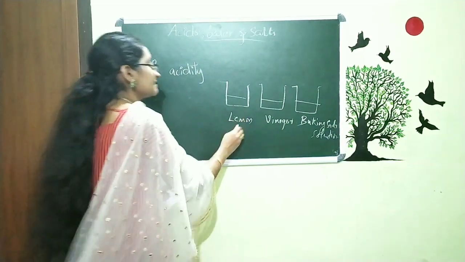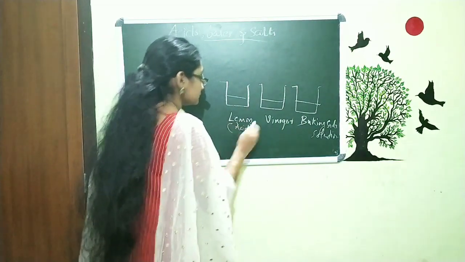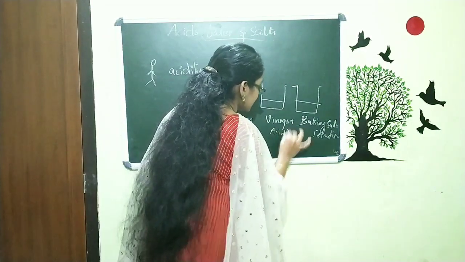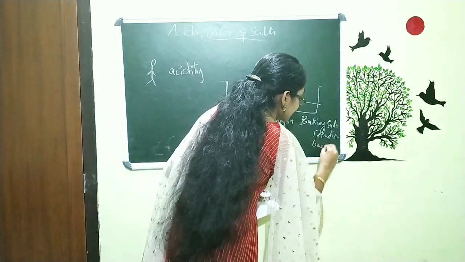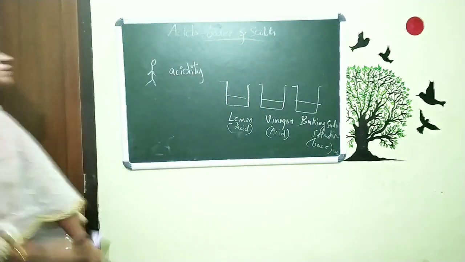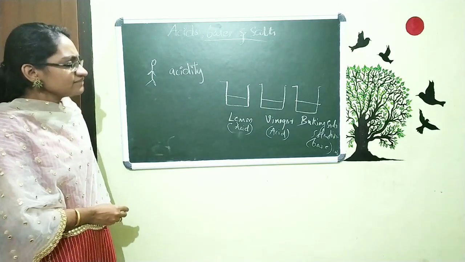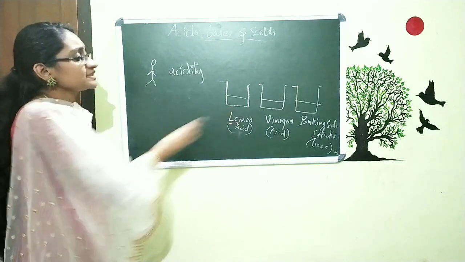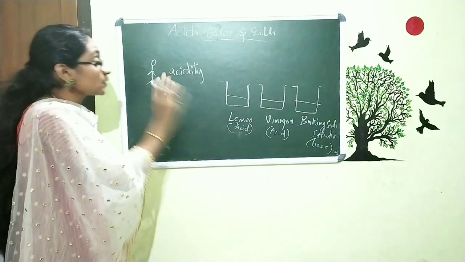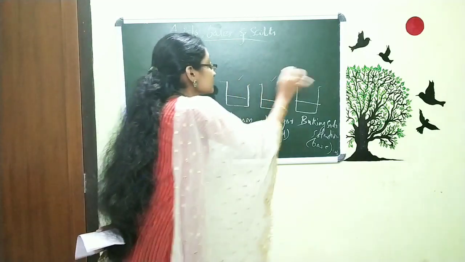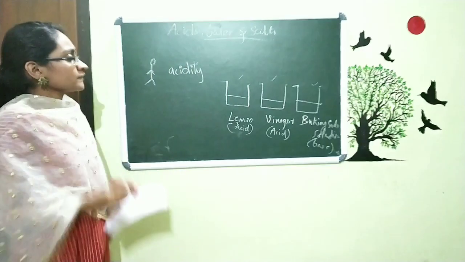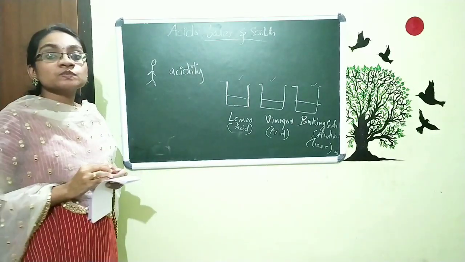That means this is acid, this is also acid and this is base. Now this person wants to reduce the acidity. What will he do using this? In his hand there are only these 3 solutions. So what will he do?